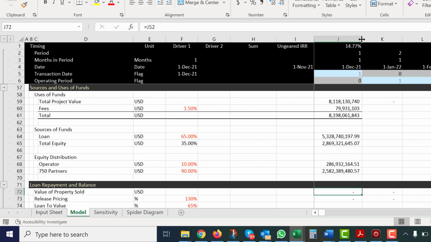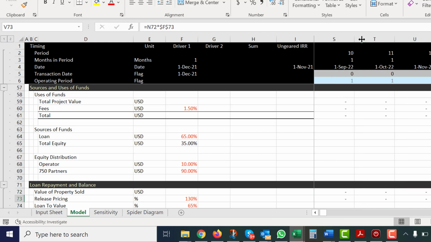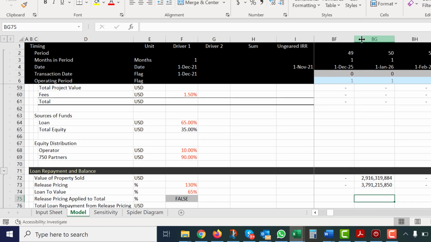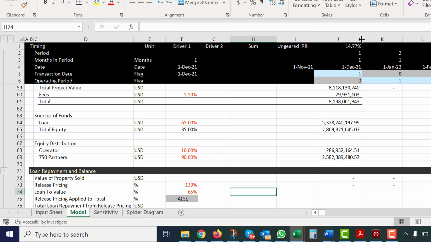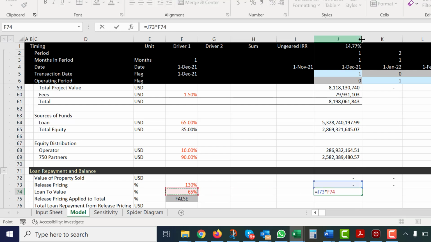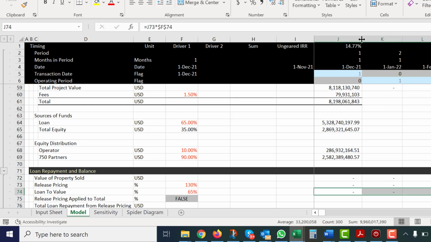Okay, and once we have this number, the question is how much of that we're going to multiply by this 130%. And I think we should multiply it, but I'm probably wrong, by the loan to value to get how much the loan should be reduced when we sell the property.